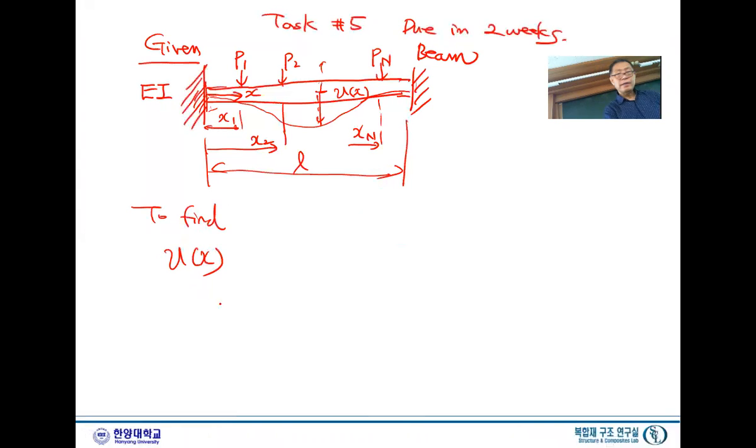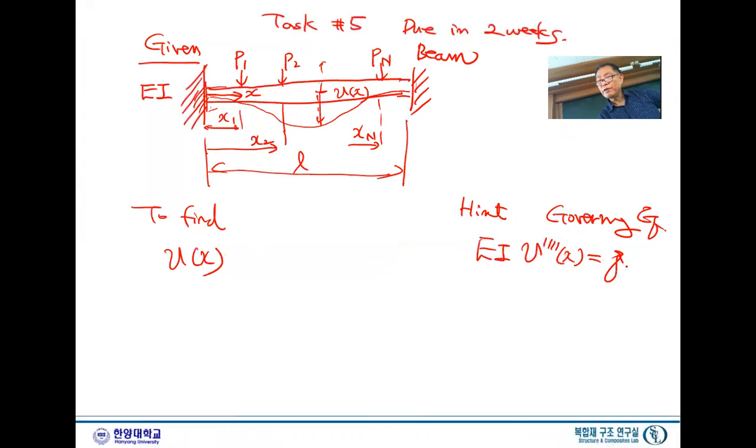That's it. And the hint is that we use the governing equation, which is EI v, where v is the deflection, the fourth derivative as a function of x, is given as a function of the distributed load q(x). You learned this equation, right? Okay. So using this governing equation and the boundary conditions. What are the boundary conditions?